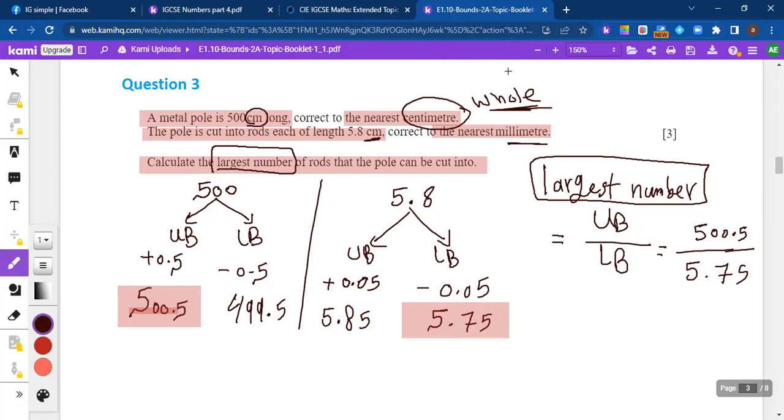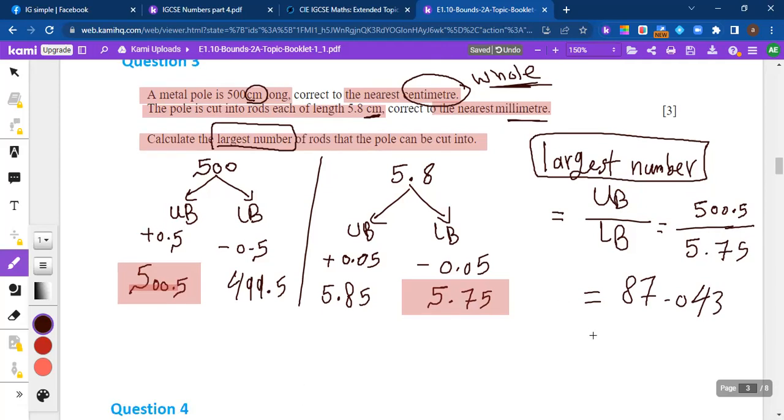Use the calculator. It is 87.43, so the largest number of rods will be 87 rods.